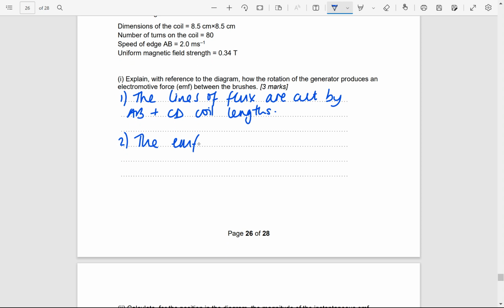The EMF depends on the rate of change of flux. Throw in that formula in words.